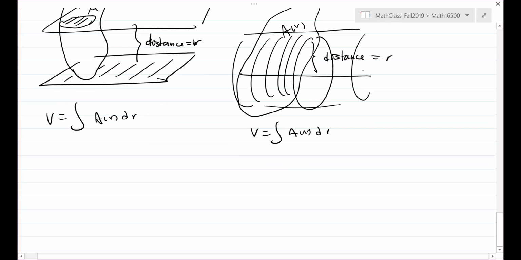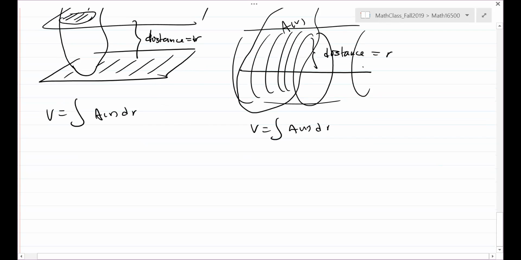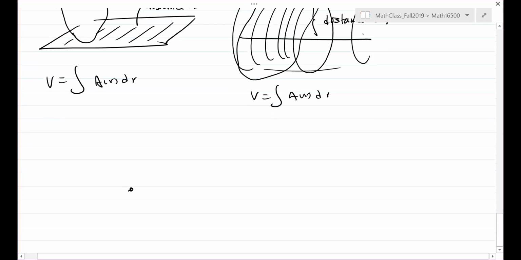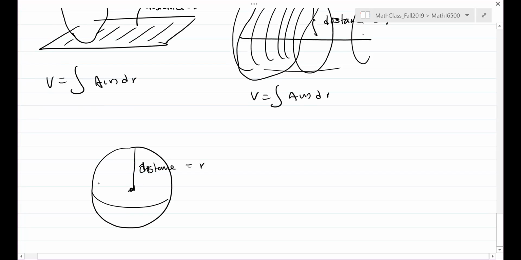I'm going to summarize this. The method that's not mentioned in the book is, instead of fixing a plane or a line, you fix a point. If the distance equals r, then you get a round sphere. This is called the spherical shell method, which is not mentioned, but it's also useful, especially when you're trying to find the volume of a sphere.